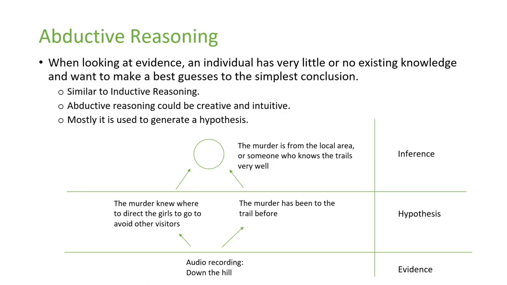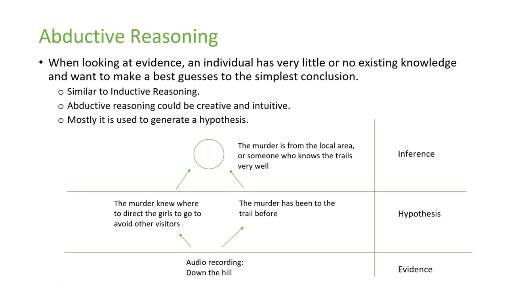As for adaptive reasoning, it is when, looking at evidence, an individual has very little or no existing knowledge and wants to make the best guess to reach the simplest conclusion. It is similar to inductive reasoning. The difference is that when doing inductive reasoning, a person has prior knowledge that he or she is very certain about.